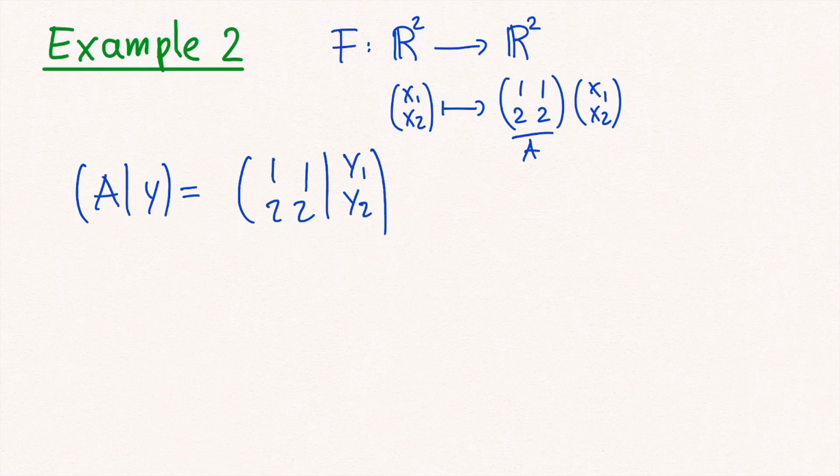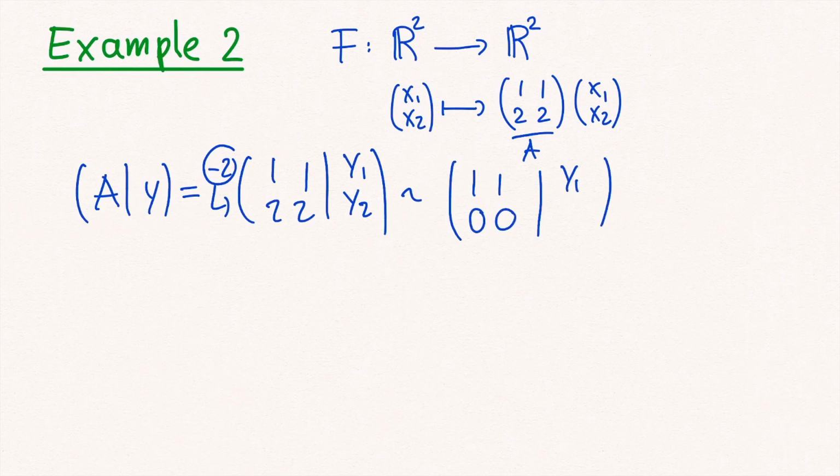So in this case here we subtract the first row twice from the second, and then we see we get zeros here in the second row, and here we have y2 minus 2 times y1. And this is now here the left side is in row echelon form, but now we have a row which is 0, so the image is not everything. So this here is now what I denoted by this star at the beginning.